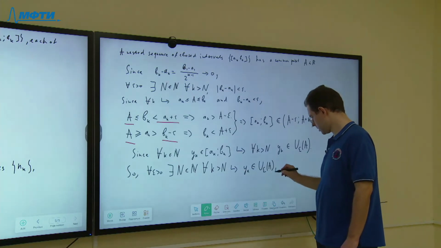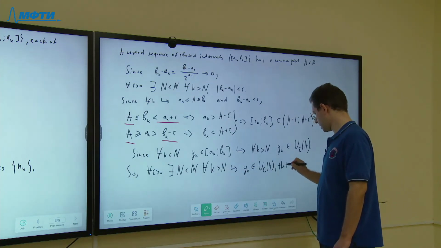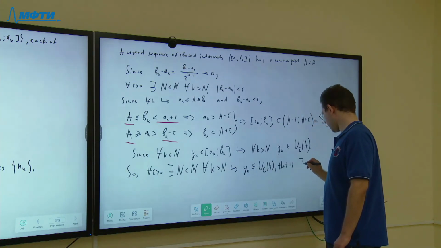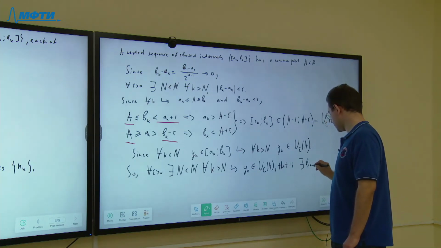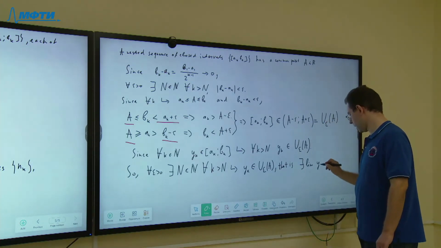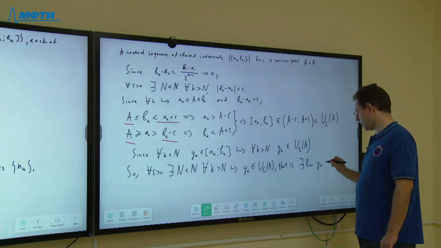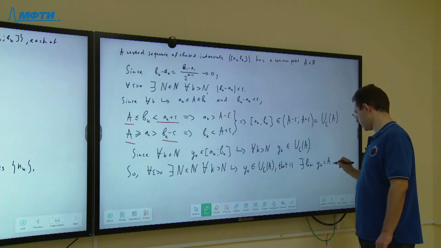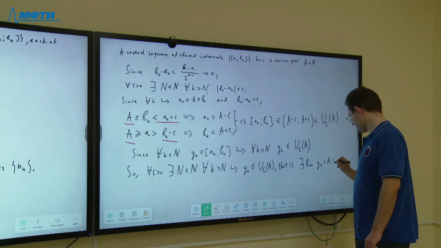That is, there exists a limit of y_k, and this limit equals a, a real number.